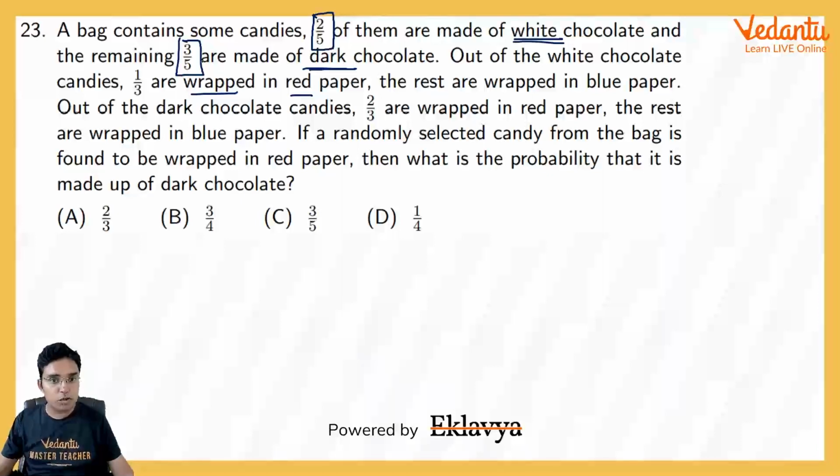Out of dark chocolate, 2/3 are wrapped in red paper and the rest are wrapped in blue paper. If a randomly selected candy from the bag is found to be wrapped in red paper, what is the probability that it is made of dark chocolate? So dear all, this question is one very simple problem on Bayes theorem. First of all, we will find the probability that the candy is wrapped in red paper.